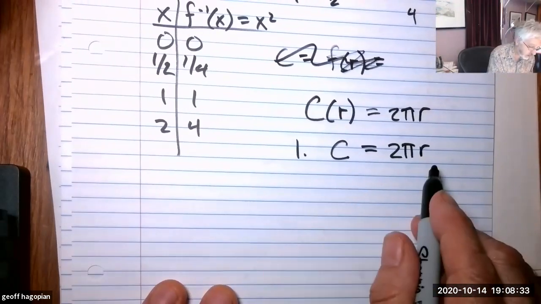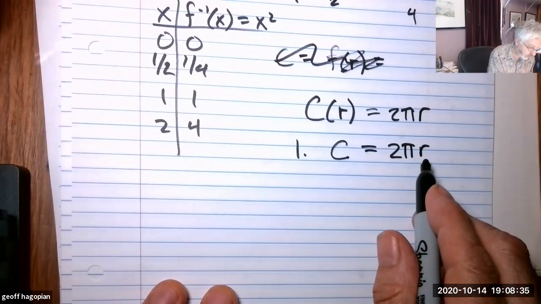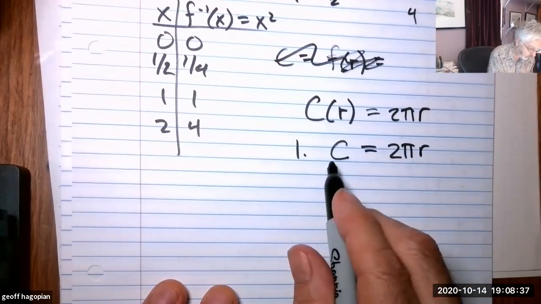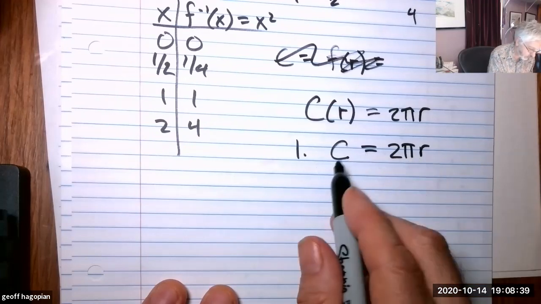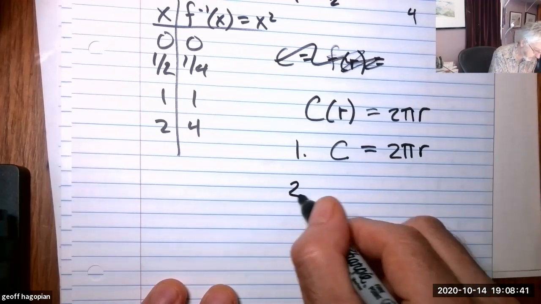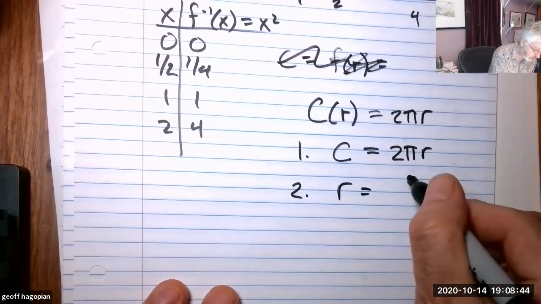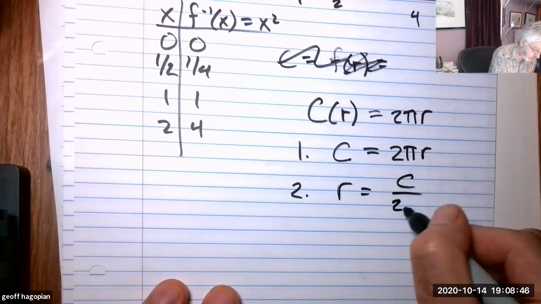So step 2 is to solve for the input variable in terms of the output. Or in other words, solve for r in terms of c. And that's easy to do, right? R is c divided by 2 pi.